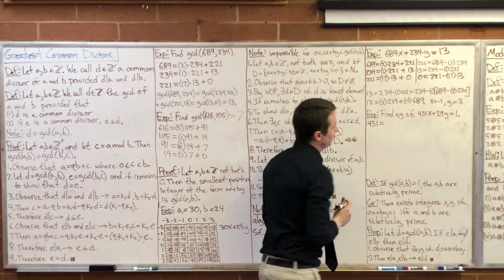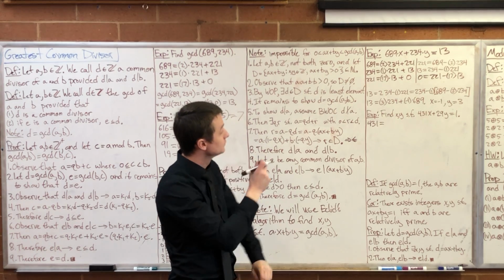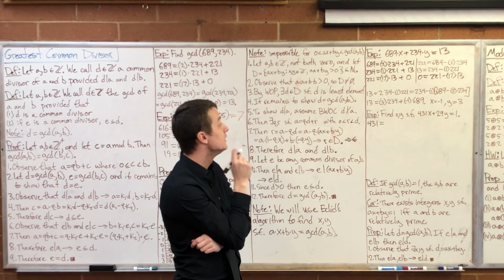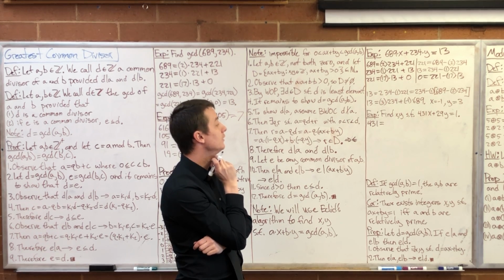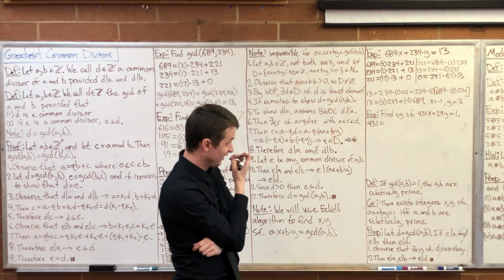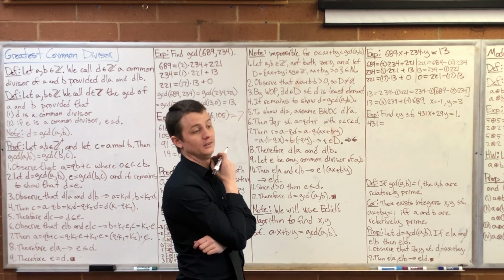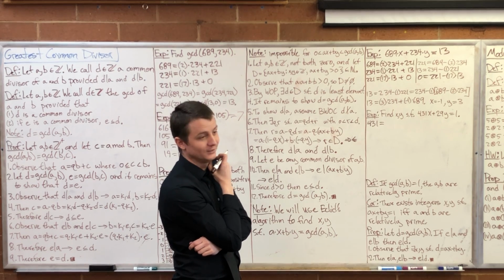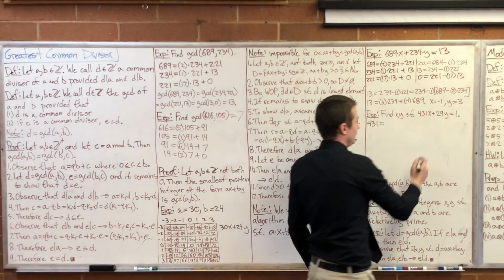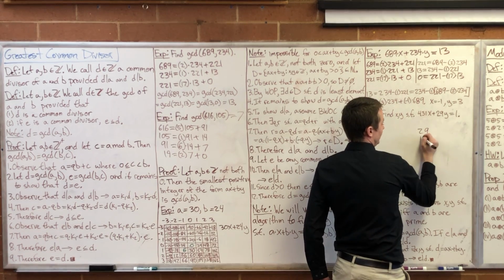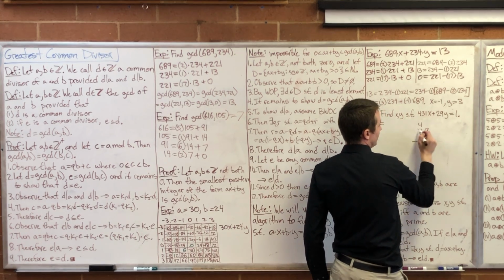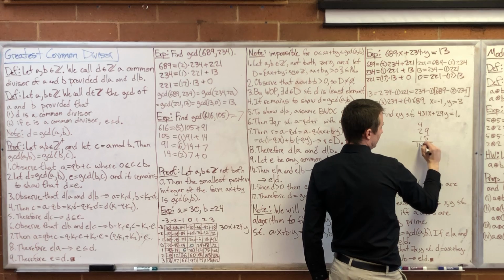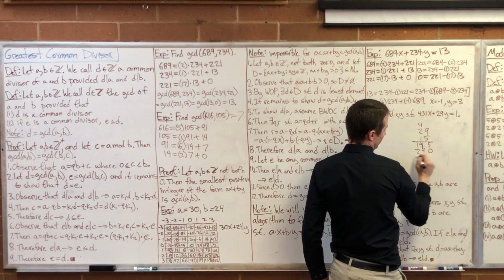431 is equal to how many 29s? Is it like 13? I say 14. Well, let's start with 15 then. Let's see. 29 times 15, what do we get? 9 times 5 equals 45. 5, 3, 4, 35.